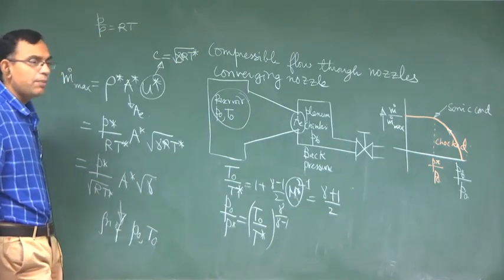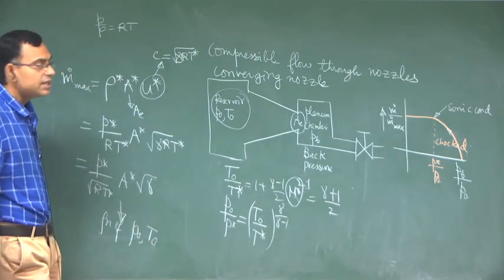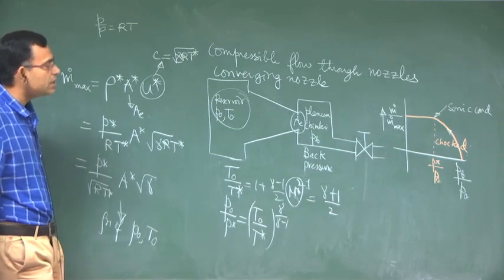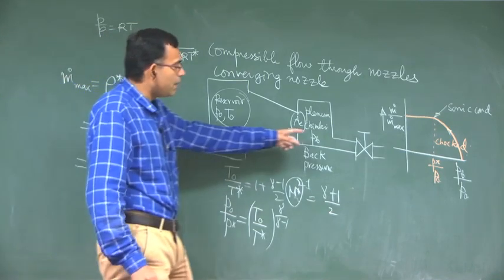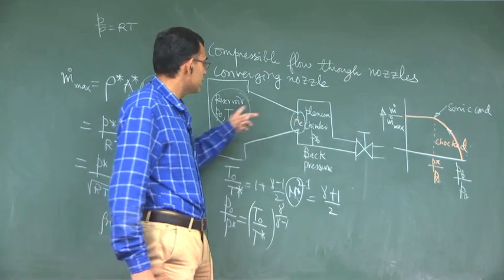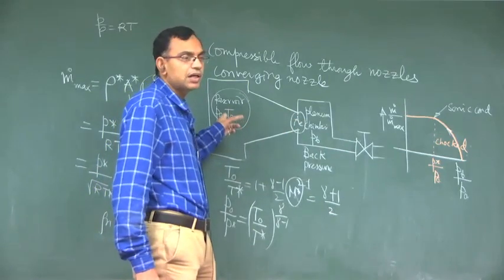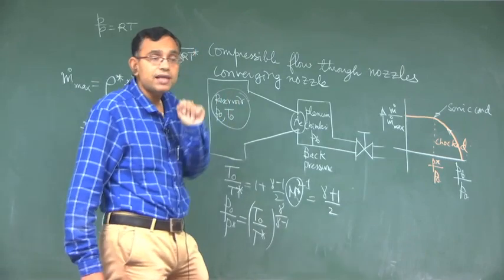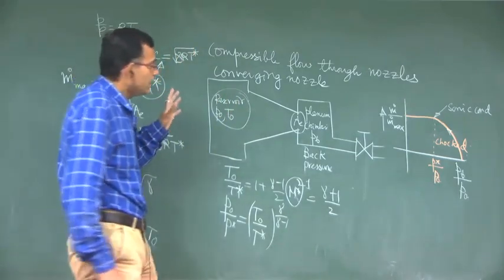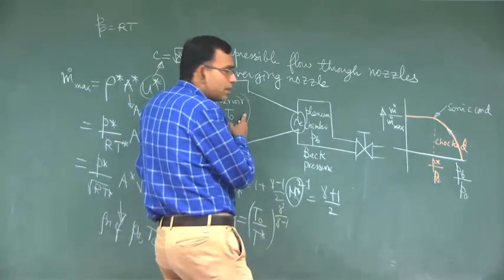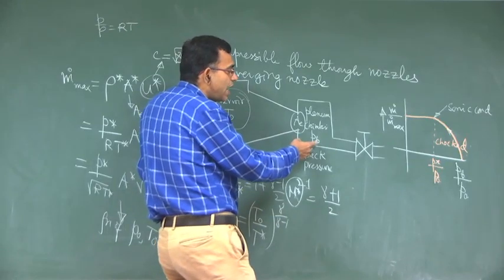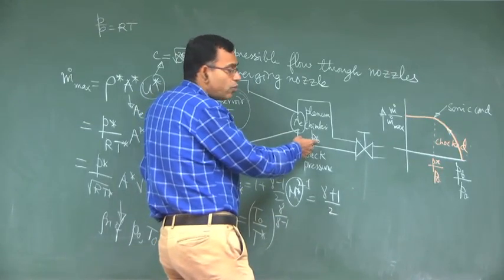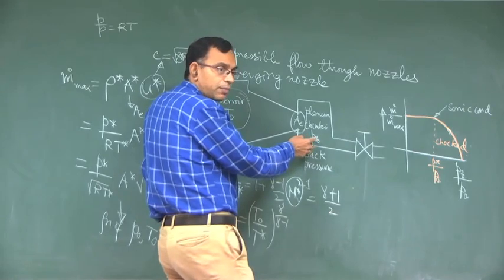So the maximum mass flow rate is dictated in a converging nozzle not by the back pressure but by the stagnation pressure at the reservoir and the stagnation temperature at the reservoir. This is very surprising, because given that this is fixed, the maximum flow rate should ideally be regulated by to what extent you can reduce this back pressure, but it is not.